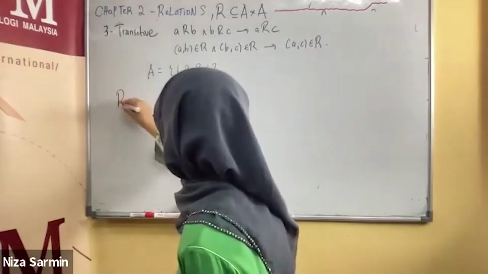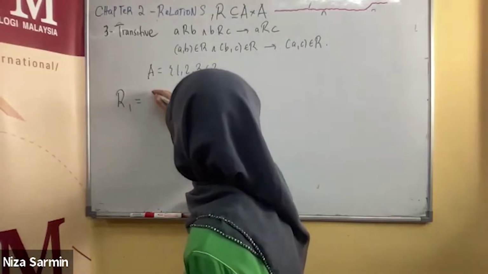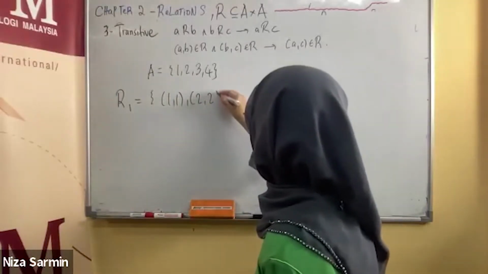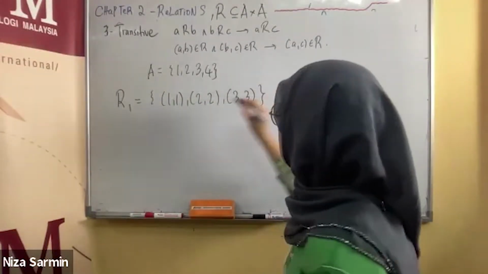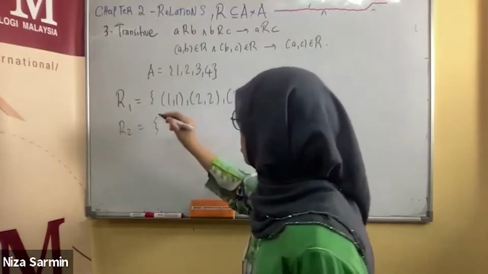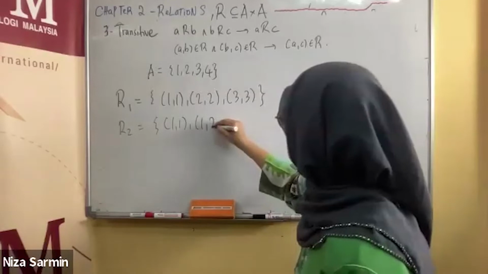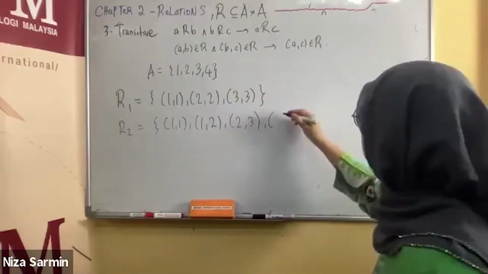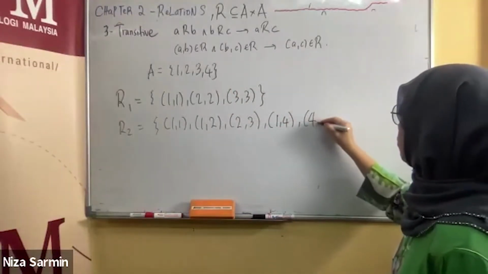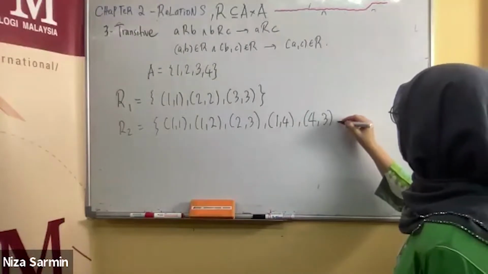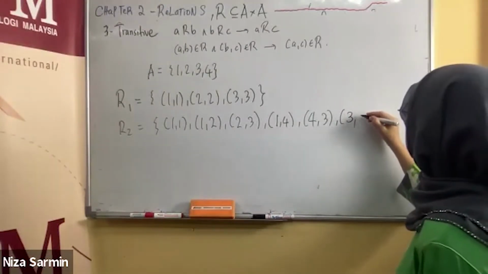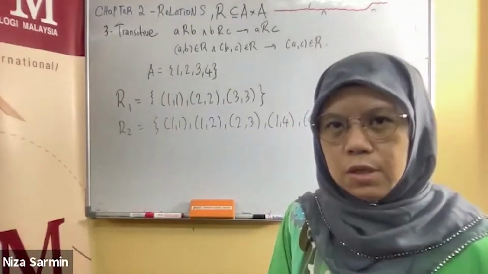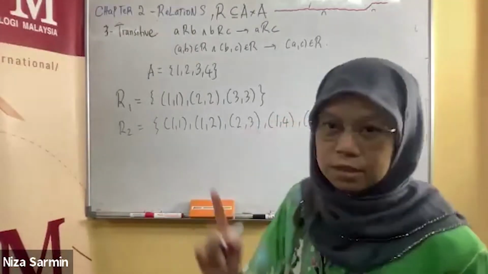R1 equals, let me give you the easy one first: {(1,1), (2,2), (3,3)}. R2 is {(1,1), (1,2), (2,3), (1,4), (4,3), (1,3), (3,2)}.